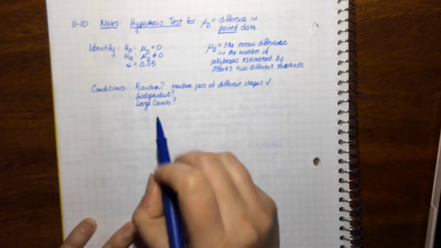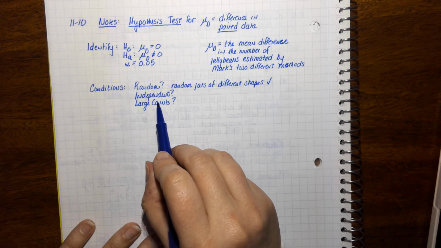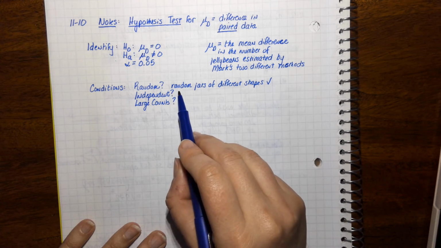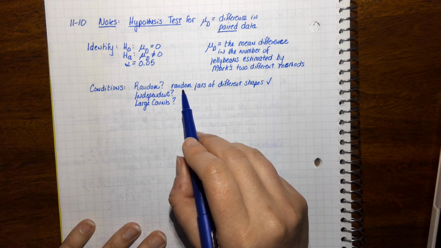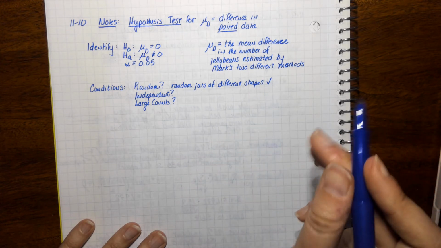Okay. Independence. Alright, so the question is there random assignment here? You guys are thinking, okay, it said random jars. This is actually a random sample of jars.